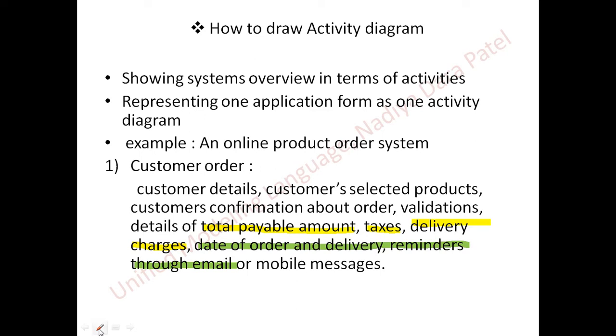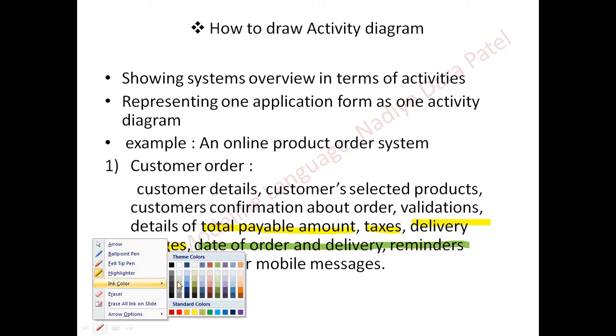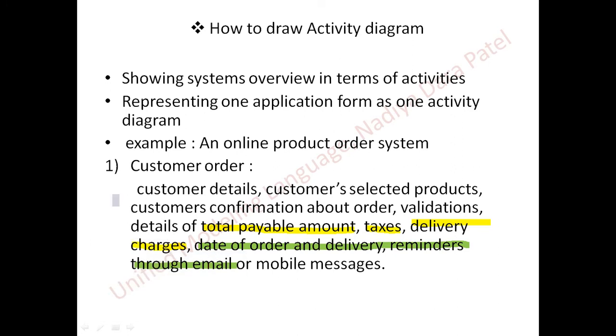Again, further, find the different conditions. So one condition is customer's confirmation. If he doesn't confirm your order, we are not going to place that order. So this is the decision. If he is confirming it, then you will be calculating the total and so on.